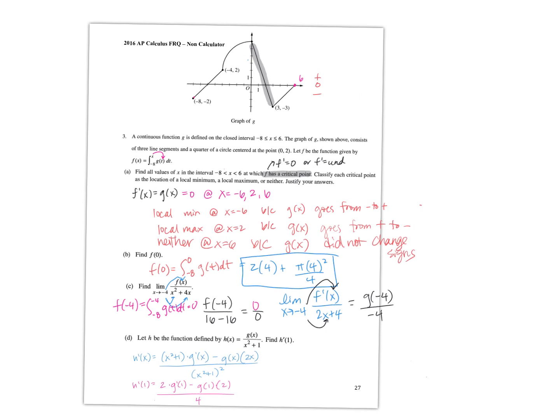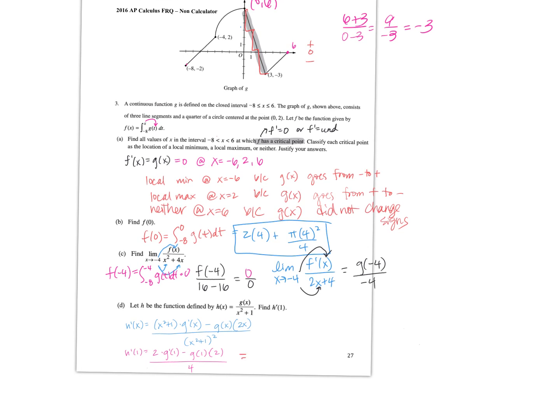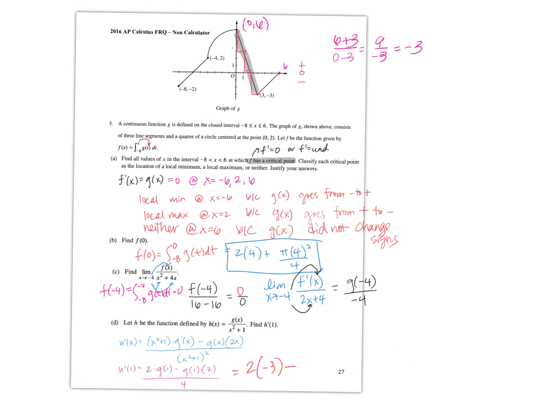And this point up here was 6. So I might just do y minus y over x minus x. Did anyone get -3 as my slope? Yep. Down 3 over 1. Yeah? So we got 2 times g prime of 1, which was -3, minus we need g of 1.